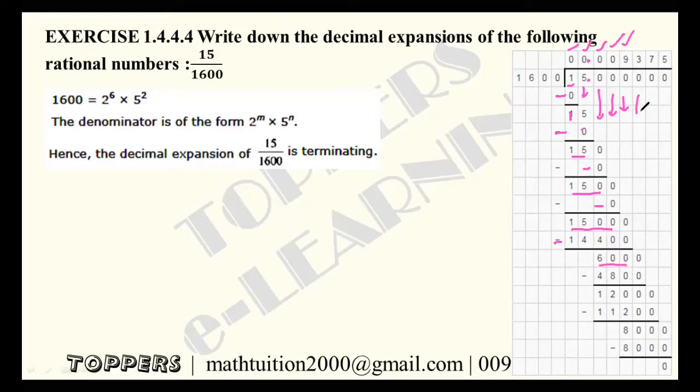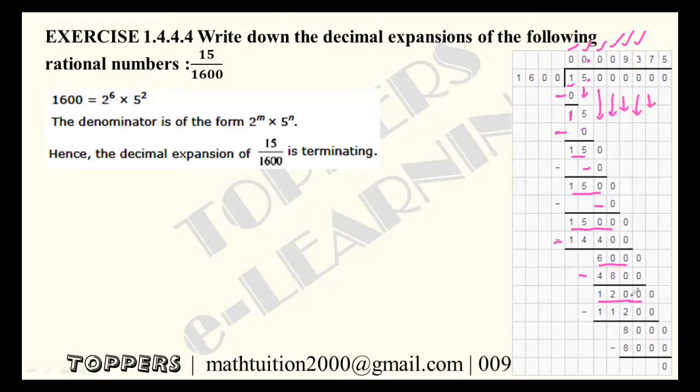Bring next 0 down. So we have 6,000. In 6,000, how many times 1600 goes? 3 times. 3 times 1600 is 4,800. On subtracting, we will get 1,200.